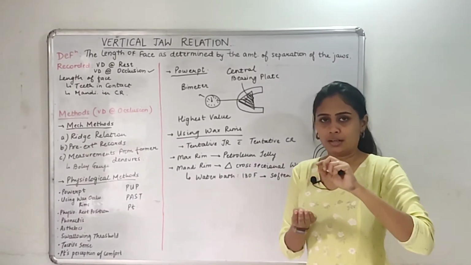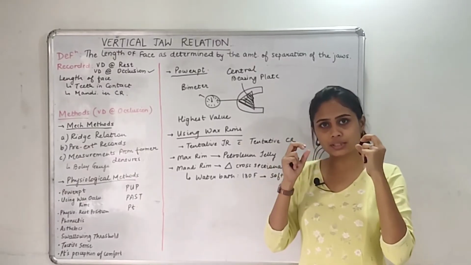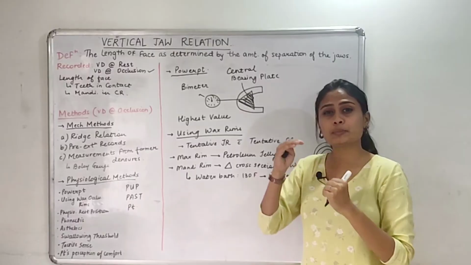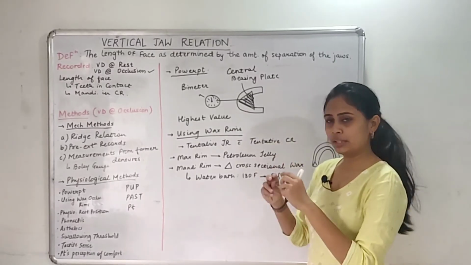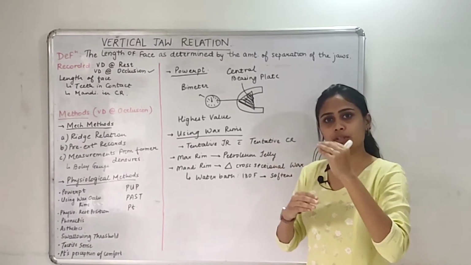When we place this whole unit into the patient's mouth, and the patient closes comfortably and stops putting pressure, the excess of the softened wax will flow out, and both the rims will be sealed.